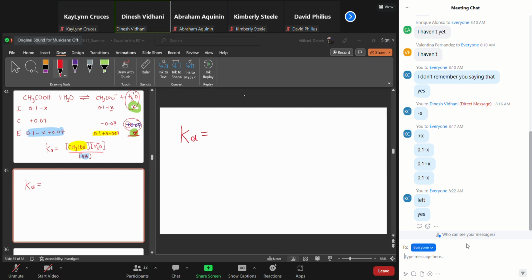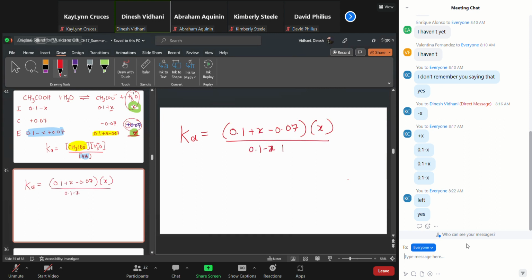Okay, so now I'm going to put those values: 0.1 plus X minus 0.07. This is my acetate ion concentration. Hydronium ion concentration is X. When I go down, that's going to be 0.1 minus X plus 0.07.